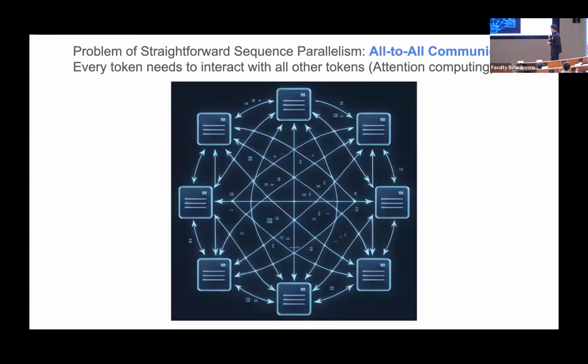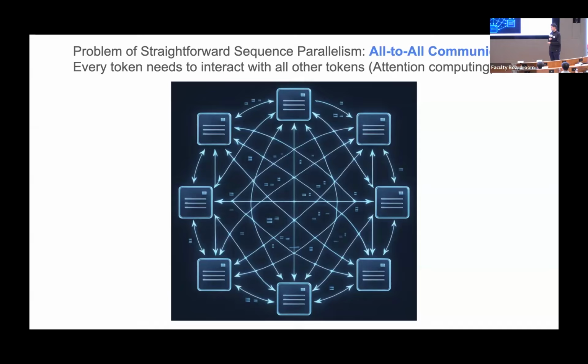However, the concern is that if we just use this straightforward implementation, partitioning the sequence across different GPUs or servers, we have to do all-to-all communication. Because for the attention structure in the transformer, every token needs to do computation with all other tokens, including itself.